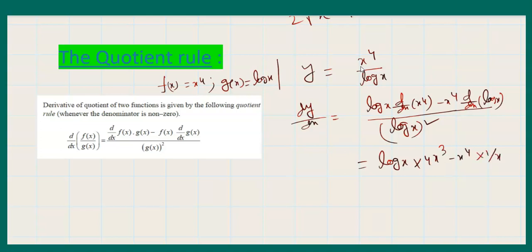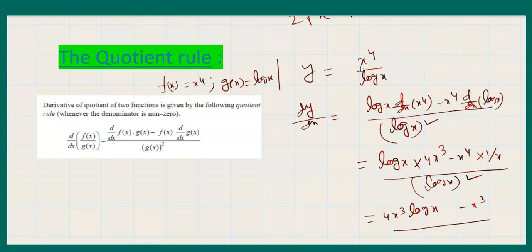This into 1 by x, by log x whole square. So it is 4x cube log x minus x cube, divided by log x whole square. Okay? This is example 1 on the quotient rule.